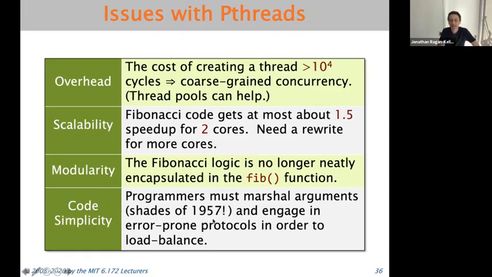This allusion to 1957 is because 1957 is when I think Fortran 2 came out. Maybe it was the release of the first version of Fortran, which is the first high-level programming language developed at IBM in the mid-50s, which is the first thing that let you program much above the level of assembly and have an optimizing compiler and all of that.